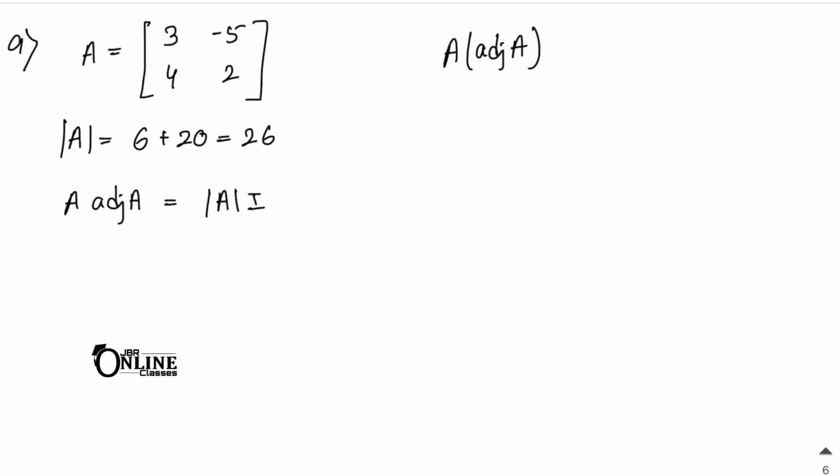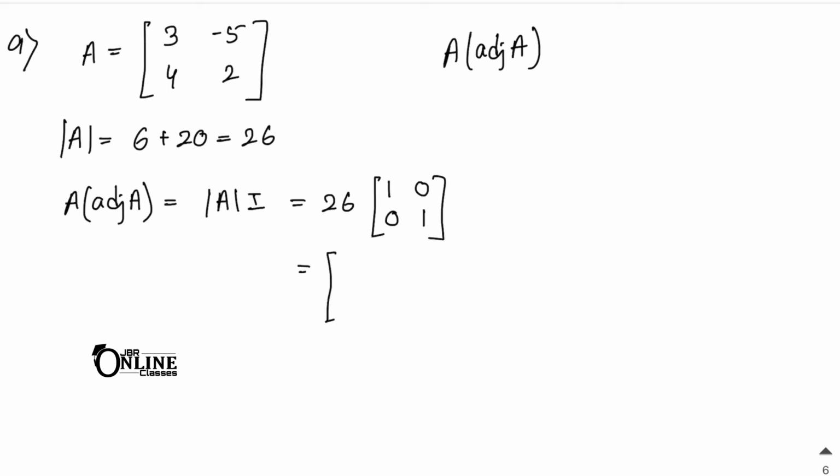Always remember that formula. If you want to multiply a matrix with the adjoint of that matrix, then it will be the determinant of that matrix into the identity matrix. You have to remember that one. As det A equals 26, so 26 into the identity matrix, that means 1 0 0 1.